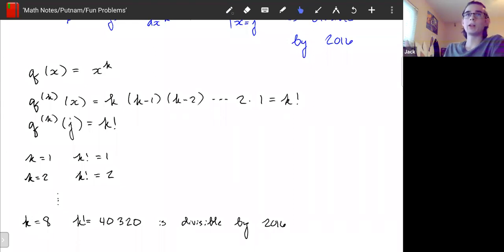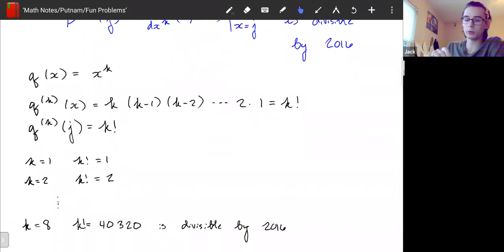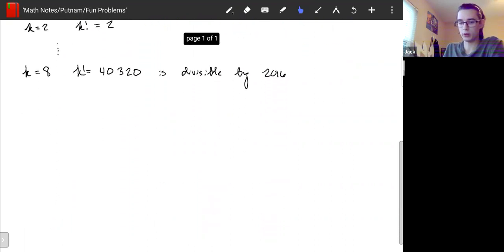So that means that maybe if we set k to be 8, that would be a good starting point to see whether that's the actual k we're looking for, right? Because it seems to work for this polynomial, so maybe it could possibly work for more. So let's go into trying to prove that actually k equals 8 is the right choice.